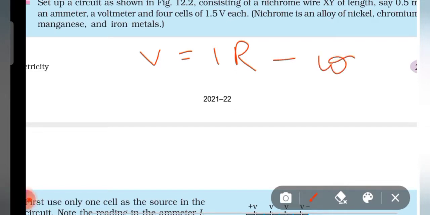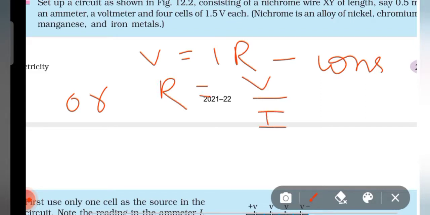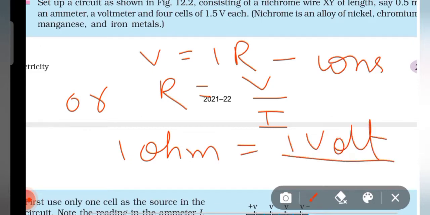Or you can also write it as R = V/I. The unit of resistance is ohm, so 1 ohm is equal to 1 volt upon 1 ampere. So 1 ohm will be volt per ampere.